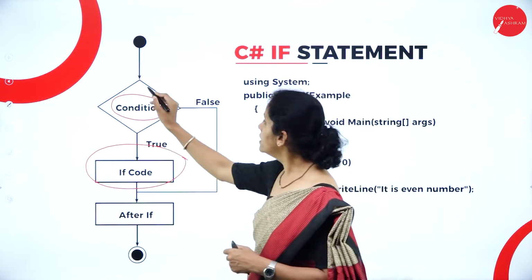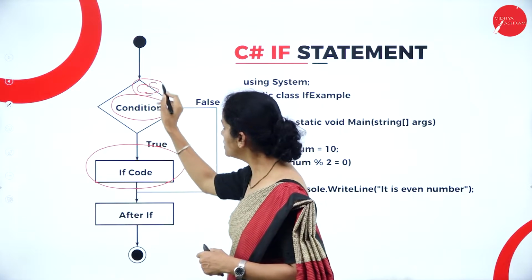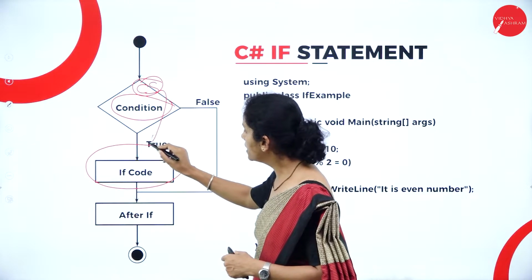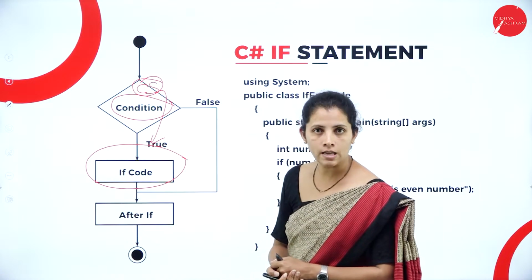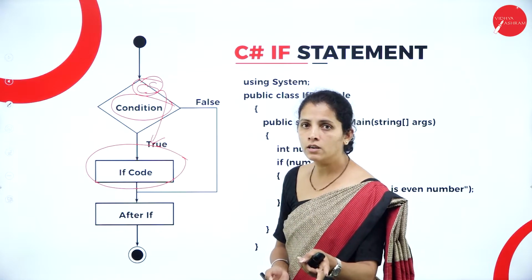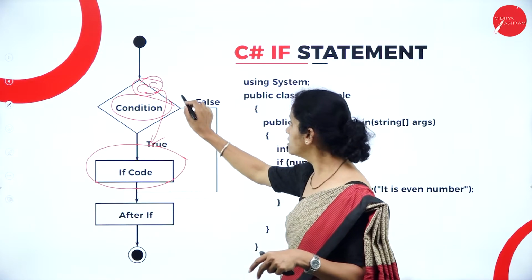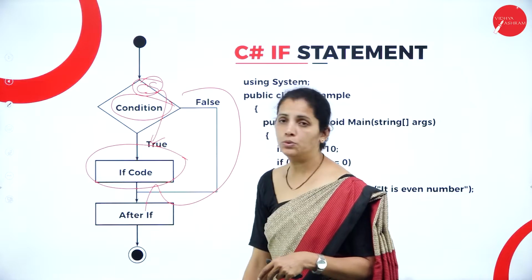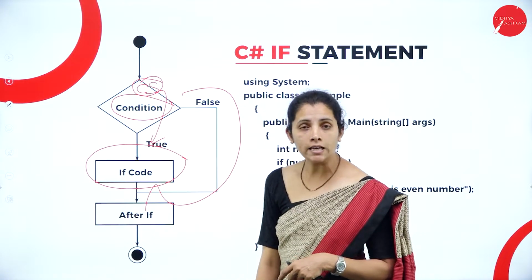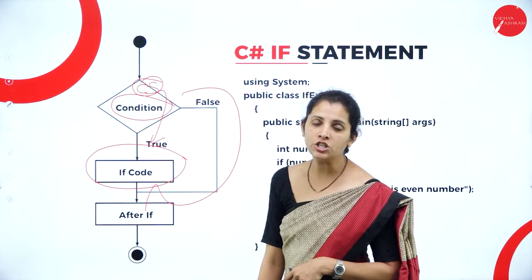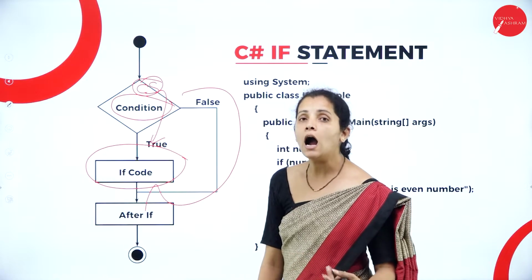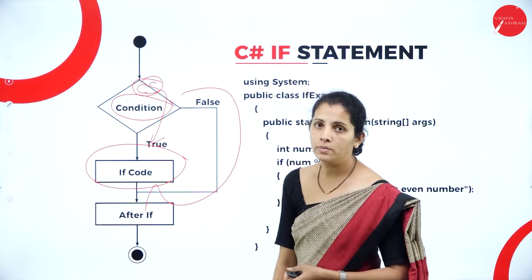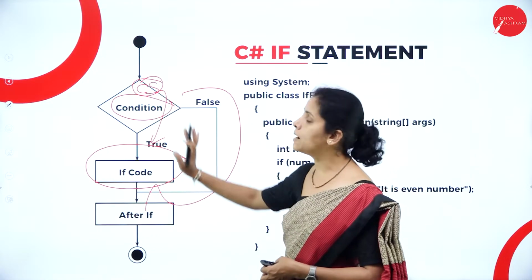So here, if computer science, then get into computer science. If not, the other option, that is false, execute or select some other specializations like arts or commerce. So this is the simple example.